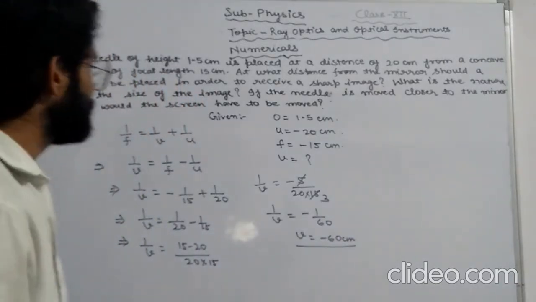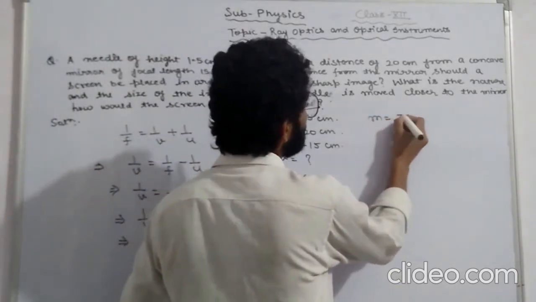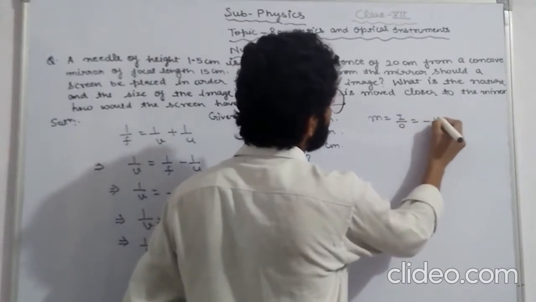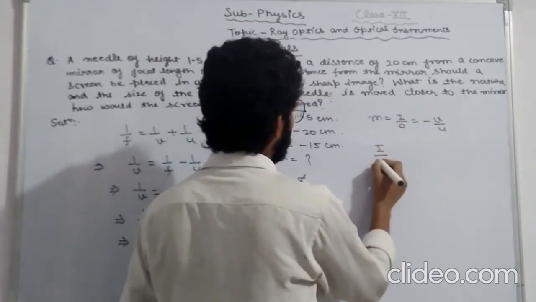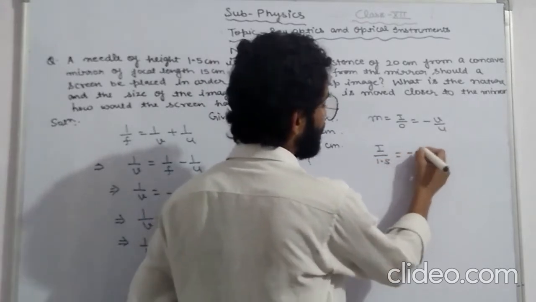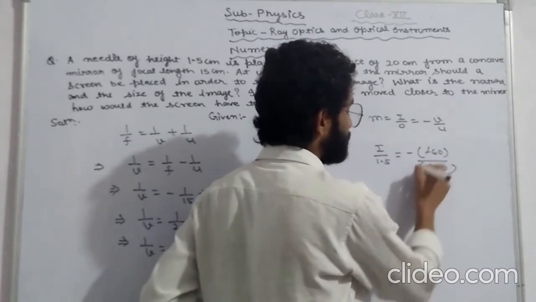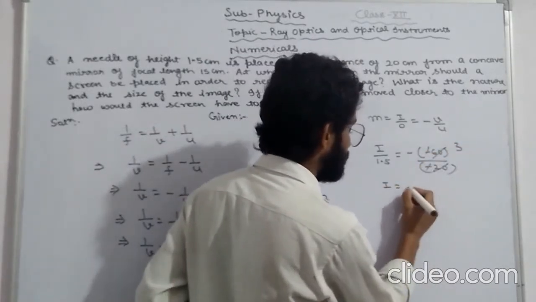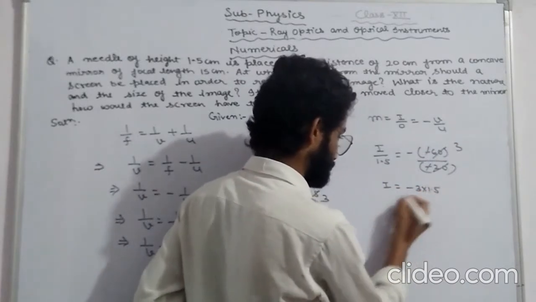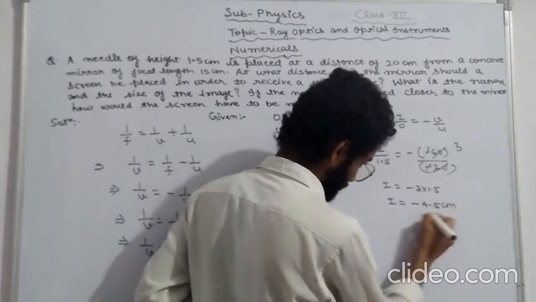And what about the nature and the size of the image? We know that m is equal to I by O, and this is equal to minus v by u. So I by 1.5 is equal to minus 60 upon minus 20. The minus signs cancel out, giving 3 times, so I is equal to minus 3 into 1.5, that is I is equal to minus 4.5 centimeter.